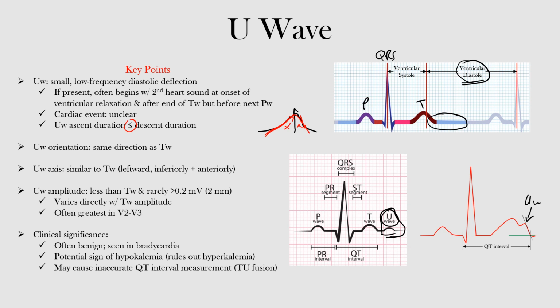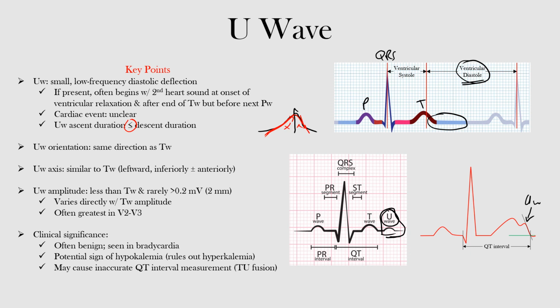Now, in addition, sometimes the U wave can fuse with the end of the preceding T wave, which we call TU fusion. In such cases, it can lead to an inaccurate measurement of the QT interval, making it appear falsely prolonged. In the QT interval lecture, we discussed when to include the U wave when calculating the QT interval. Make sure to listen to that lecture if you haven't done so already.